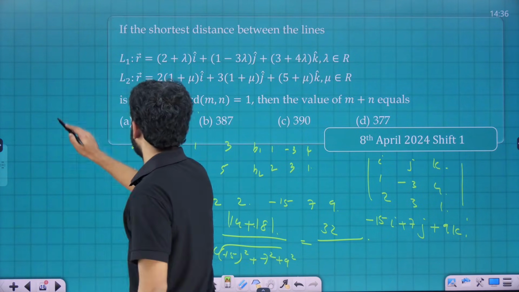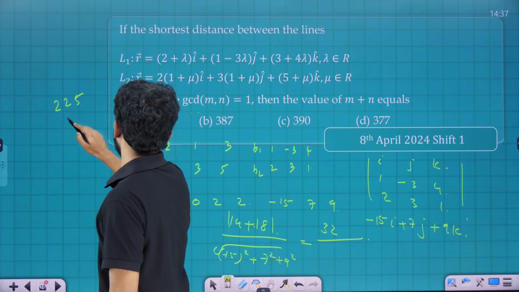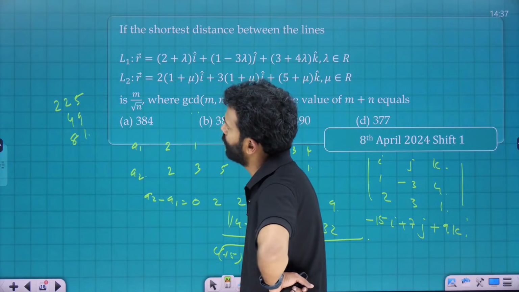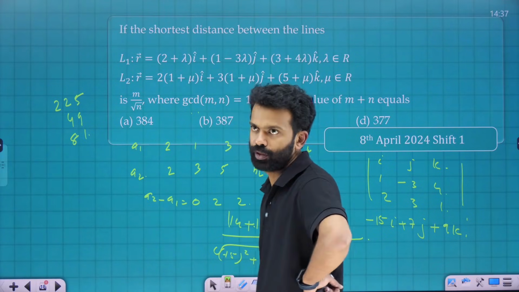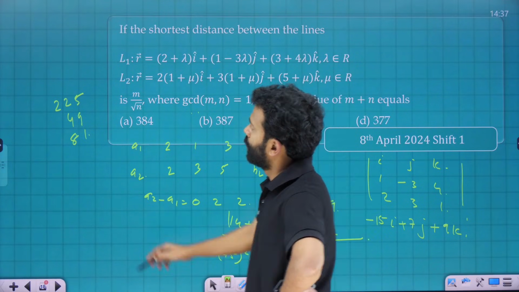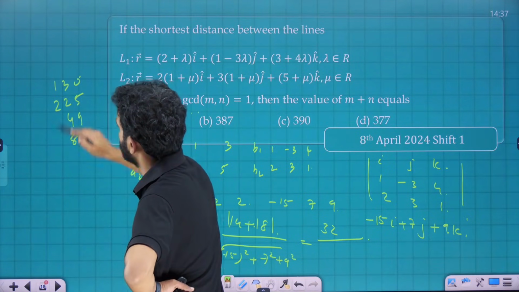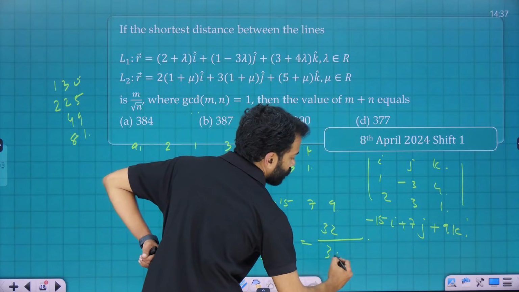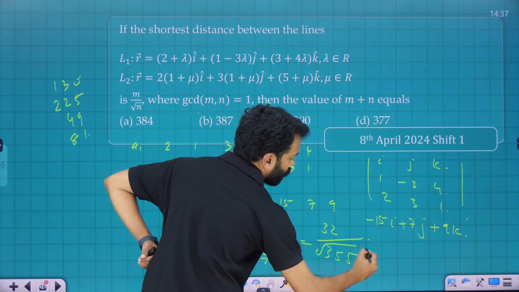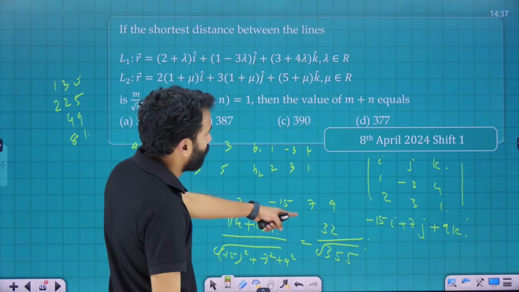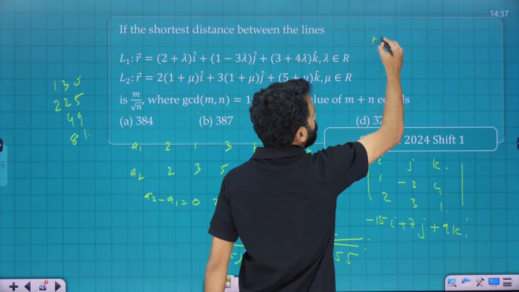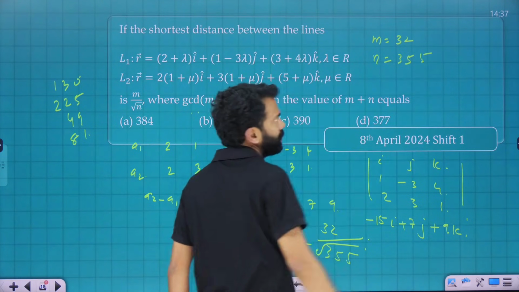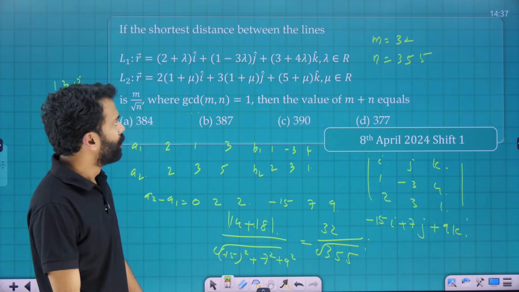That is 225, 49 and 81. That adds up to 355, under the root. So M is 32 and N is 355.